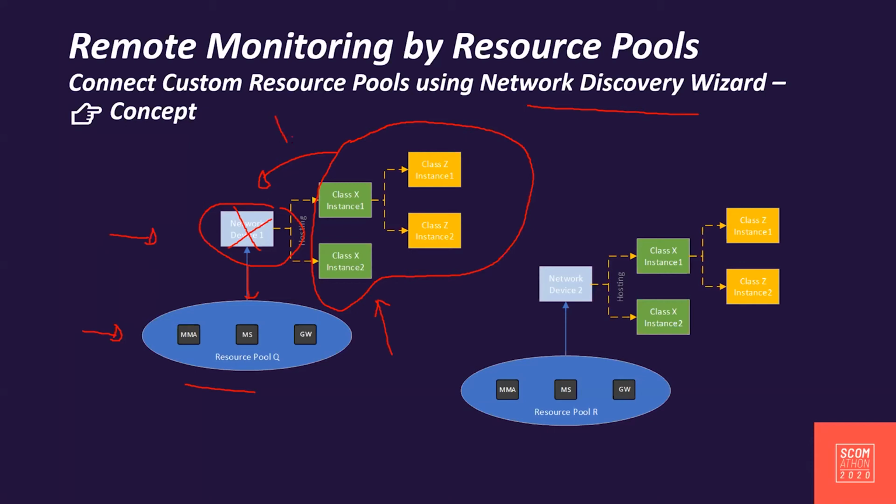So now I only need to create a management pack solution that connects my class instances from my management project to this dummy network device. And it should be a solution that does that based on a configuration file, like a CSV file or an XML file, doesn't matter.